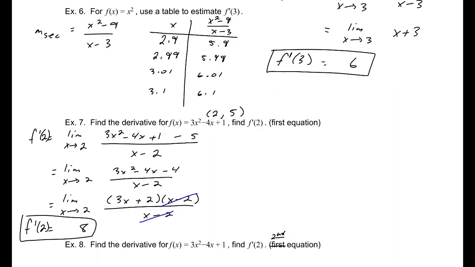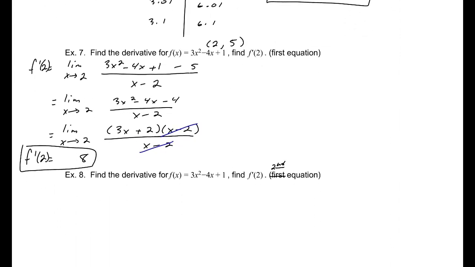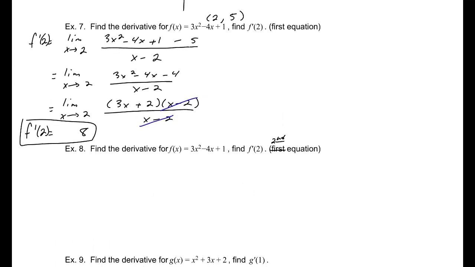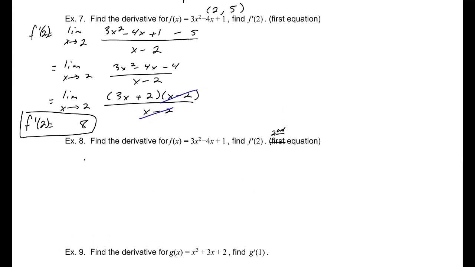All right, now let's use the second equation just to show that these are completely interchangeable. So this will be my slope, or f prime of 2, equals f of a plus h. So I'm going to replace everywhere. I need a limit there.